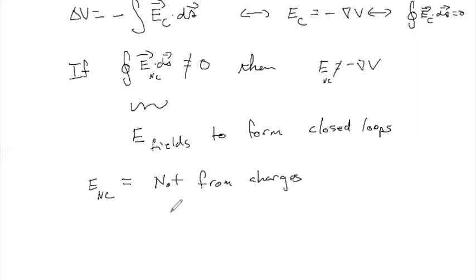Because we've already seen if you have charges, then you're going to get field lines which radiate out, not in circular fashions. They radiate outwards, and you would get 0 line integrals, 0 when you integrate all the way around. So this other type of electric field would form things like a closed loop of electric field.